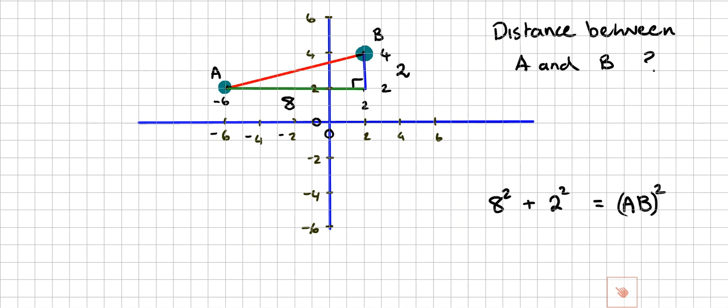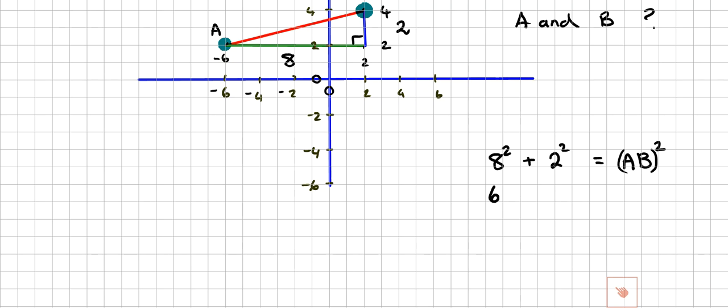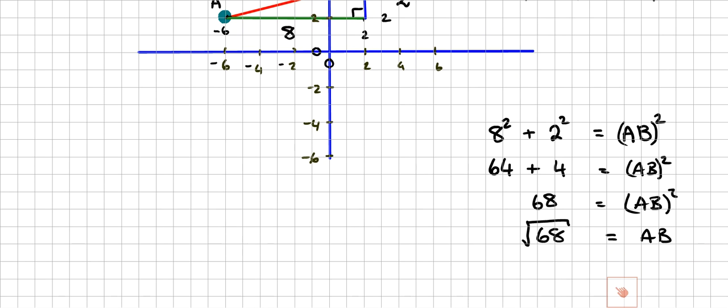I've used my A to B notation, so I know it's A to B. But then we do exactly the same thing that we've been doing before, which is 64 plus 4 is AB squared. So that's 68, which means the distance AB is the square root of 68, which is, what is it, 8.24, did you say?